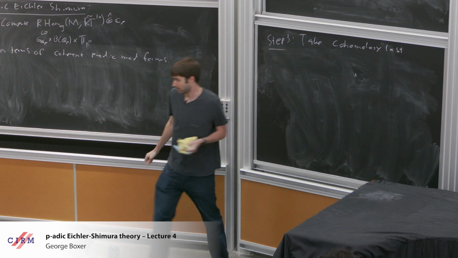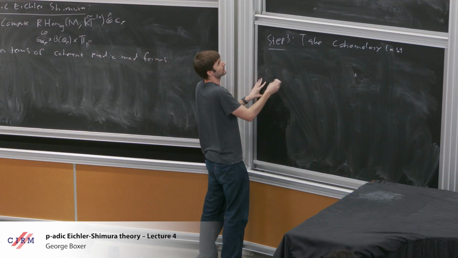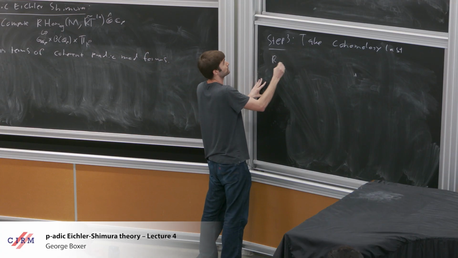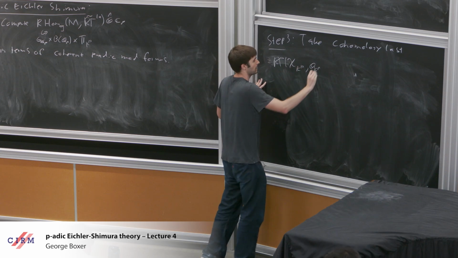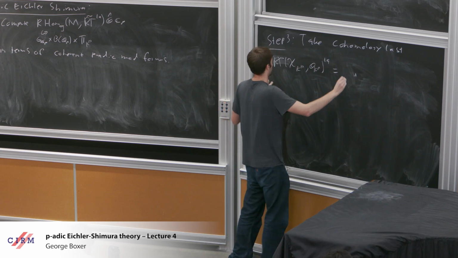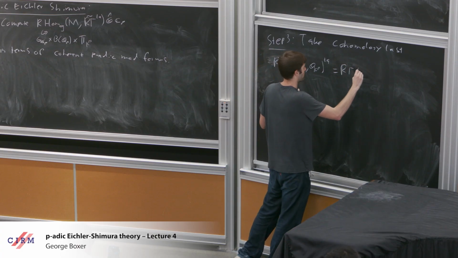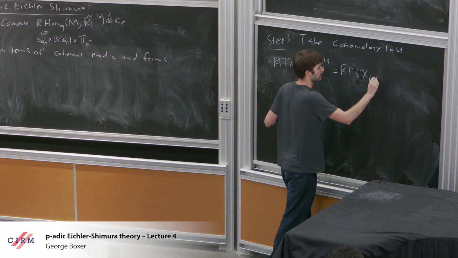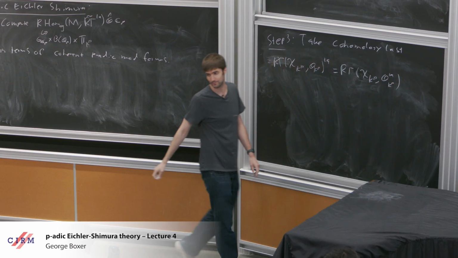Okay? So what we're going to do is we're going to first bring the locally analytic vectors into cohomology. So let me just write that part. So we're going to say that Kp LA is equal to RΓ(X_Kp, O LA). Okay?